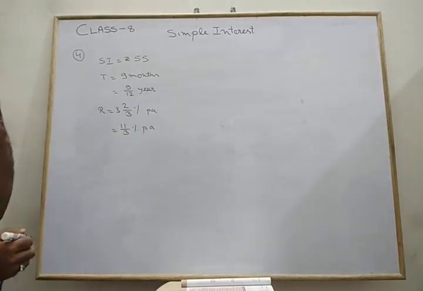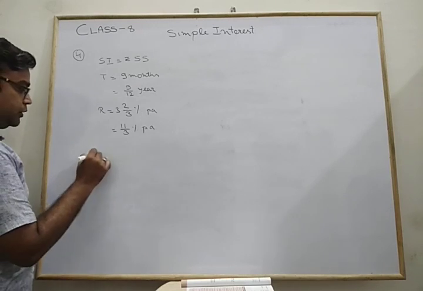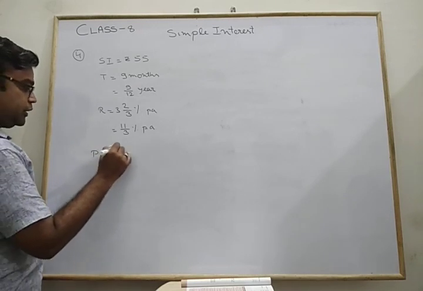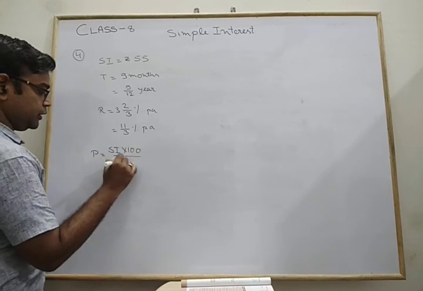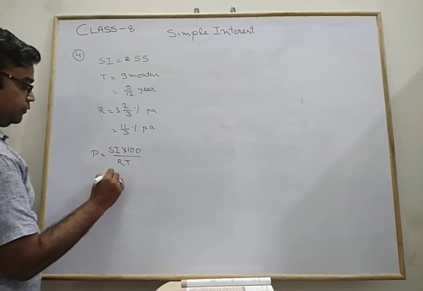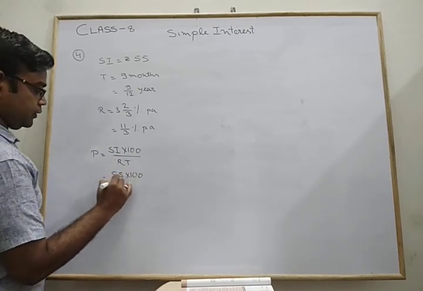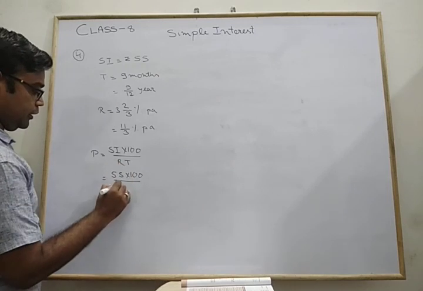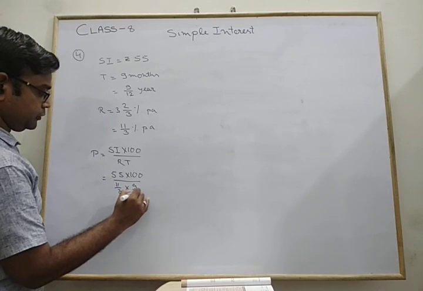So this time one thing is missing, that is the principal. So principal equals SI into 100 by RT. SI is given 55, rate is given 11 upon 3 and time is given 9 upon 12.